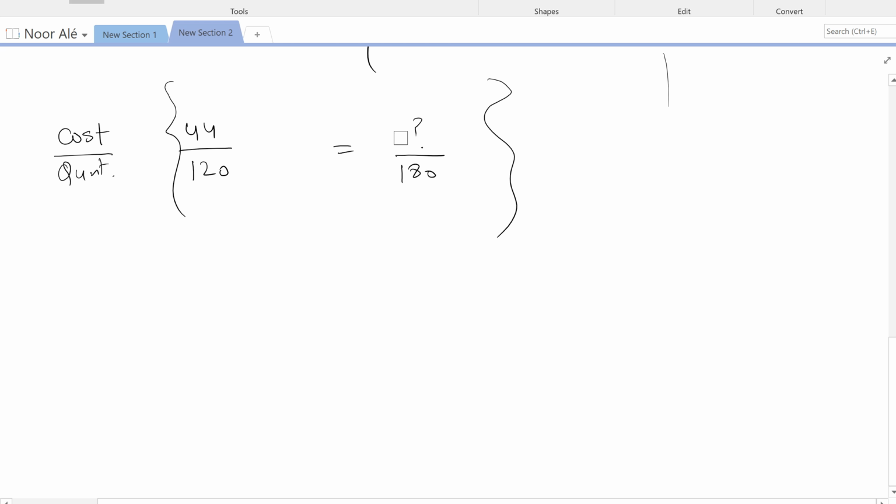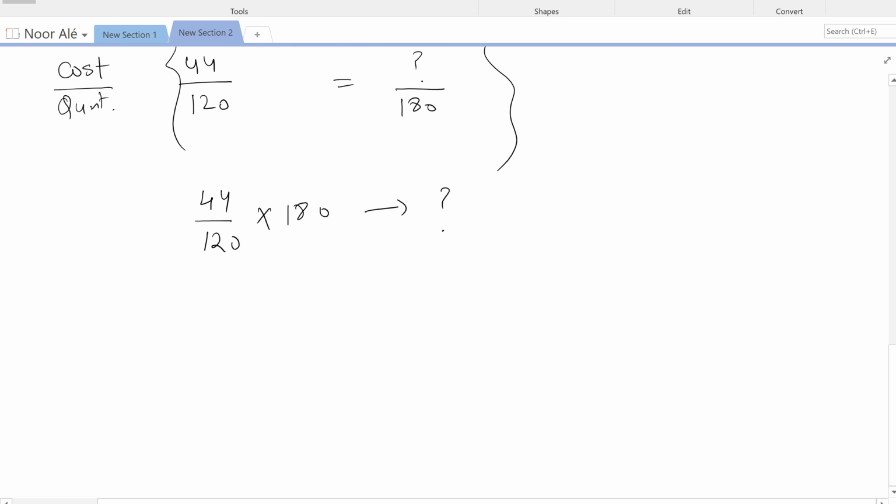So in order to find out the question mark, you times both sides by 180, and you get that. And now you have to do math, and you have to solve that part.